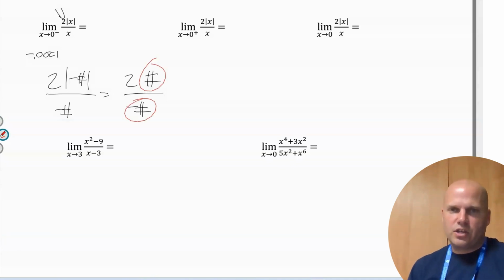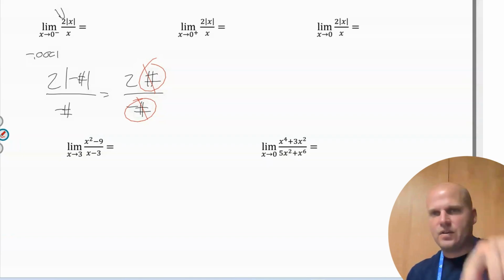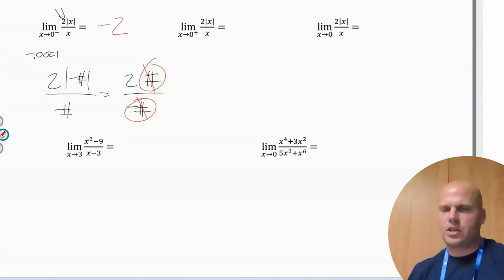These numbers close to 0 are the same. When you divide something by itself, they cancel. What happens? We are left with -2 as our answer. Do you see what's going on here? I don't like to say this is 0.001. I like to say it's a number and these numbers are the same.